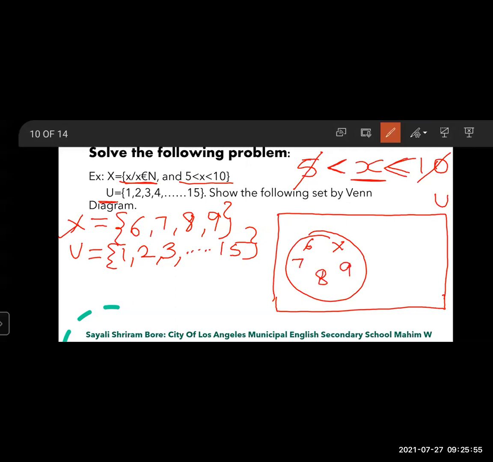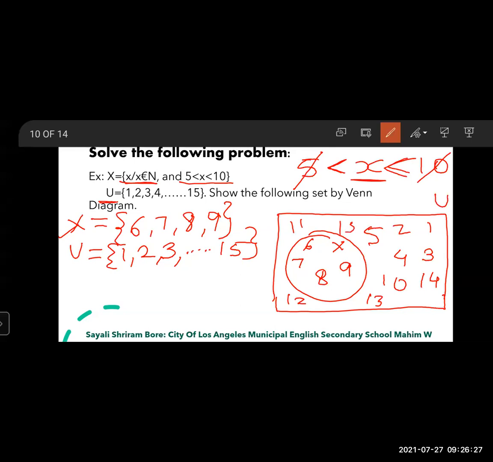Then apart from these 6, 7, 8, 9, whatever elements are left over from U, you have to show outside this circle. So that is 1, 2, 3, 4, 5, 10, 11, 12, 13, 14 and 15.